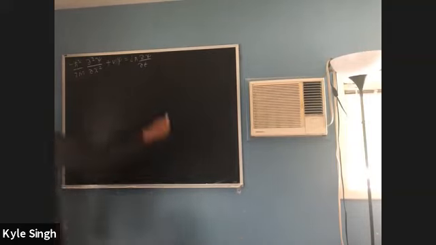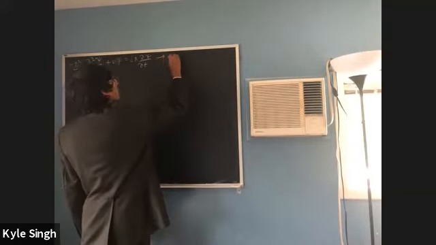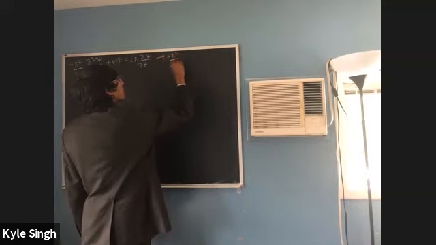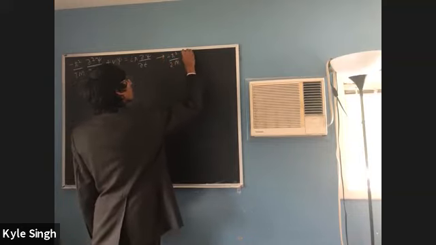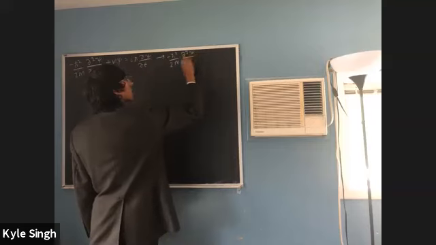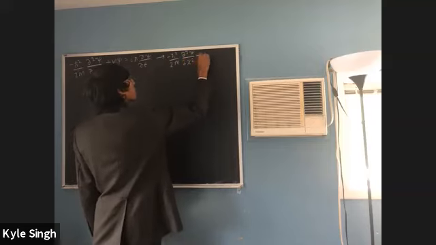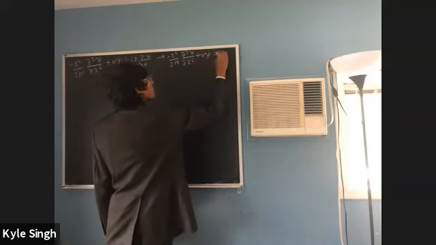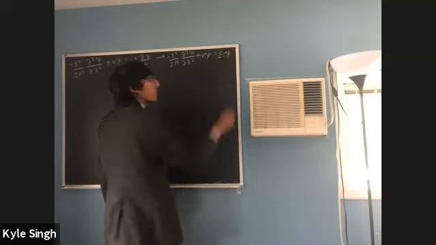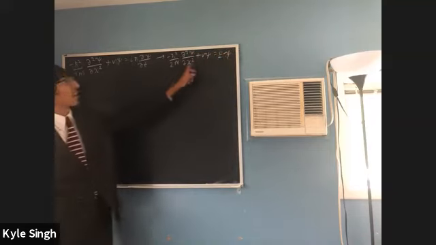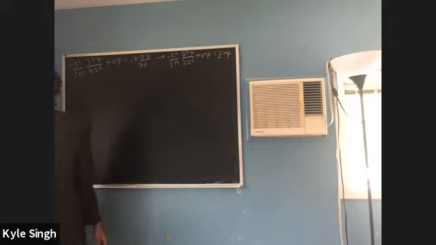Okay, and I'm just going to rewrite this in this way: minus h bar squared over 2m d2 psi dx squared plus V psi equals E psi. And this thing is our Hamiltonian, which we know.